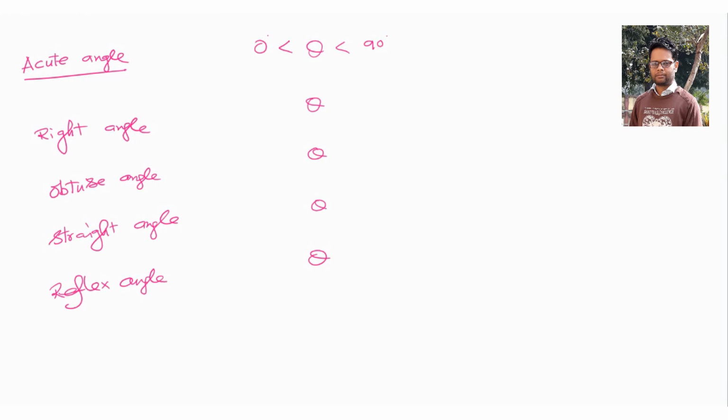But when theta is 90 degrees, we can say that is right angle. When the angle is between 90 degrees and 180 degrees, we can say it's an obtuse angle. But when the angle is 180 degrees, we can say it's a straight angle. And when the angle is between 180 degrees and 360 degrees, then we can say it's a reflex angle.